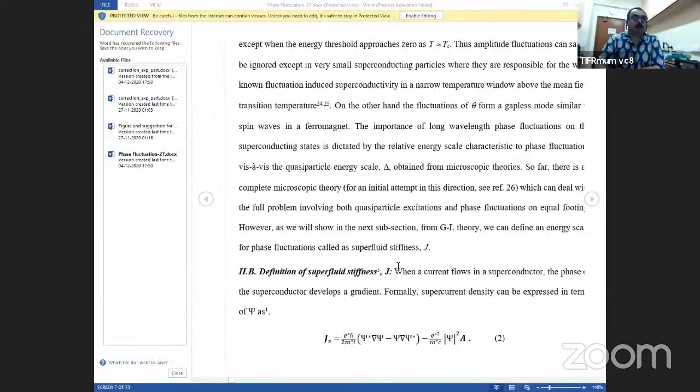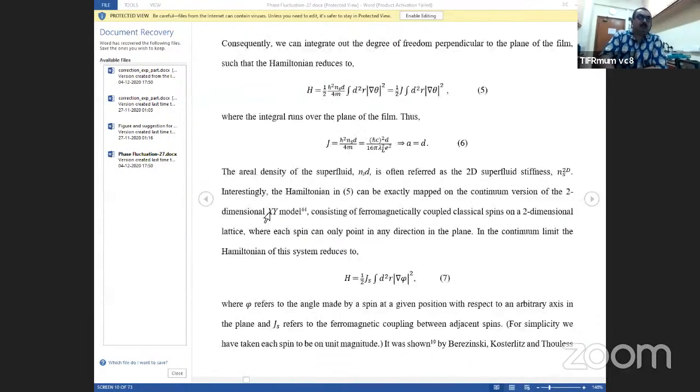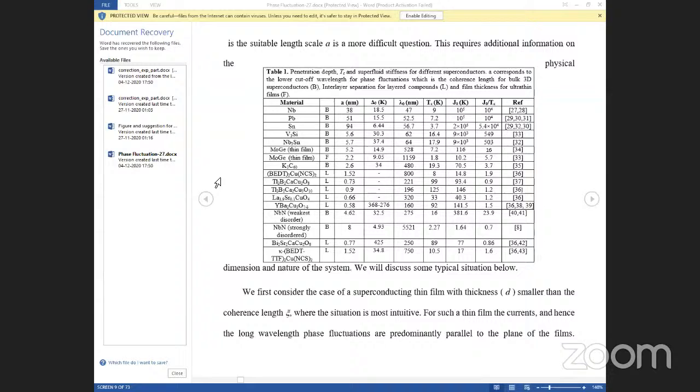All right, where is my table? Yeah, okay. You can see a table here. Are you able to see a table? Am I sharing the page? Yes, sir.